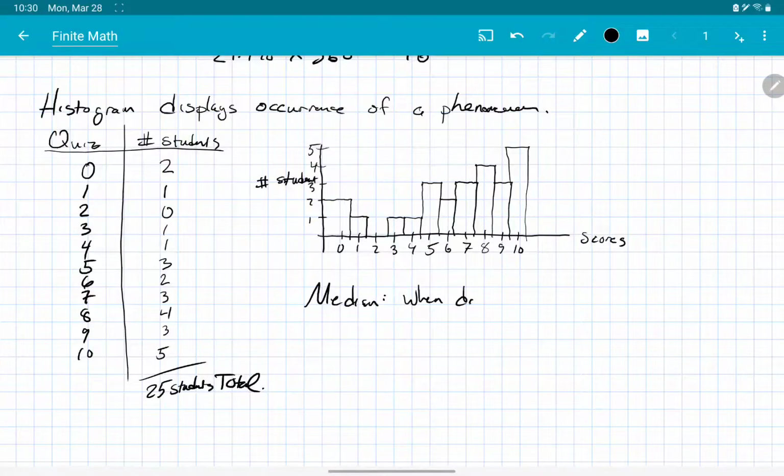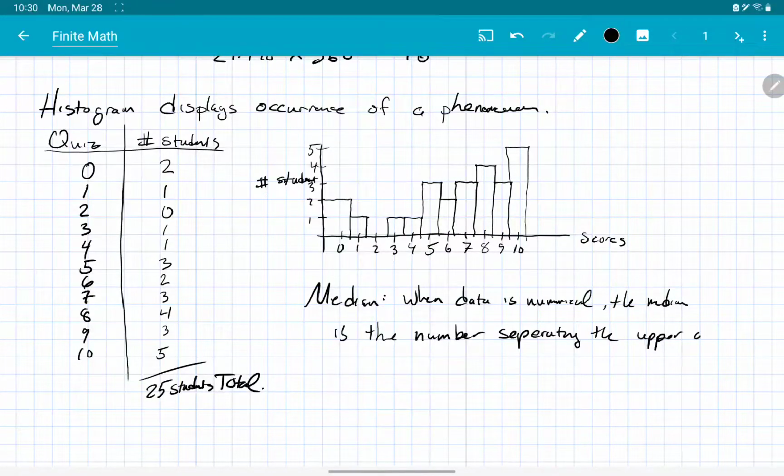When data is numerical, the median is the number separating the upper and lower halves of the data. So the median is the number that separates the upper half of the class from the lower half of the class in terms of these test scores.